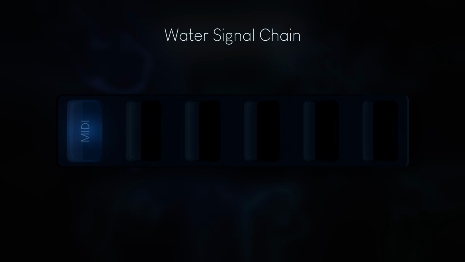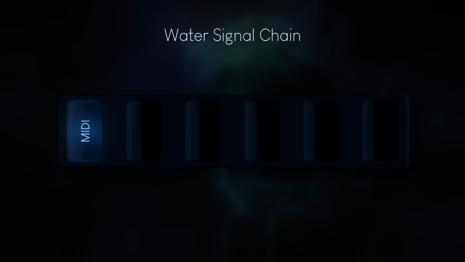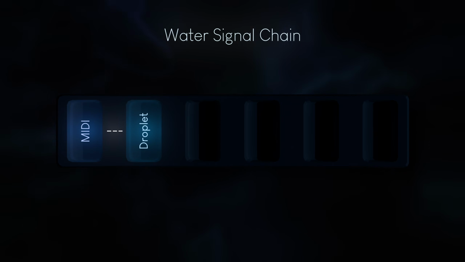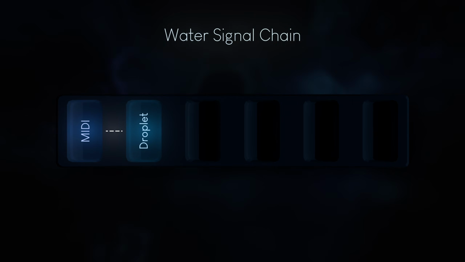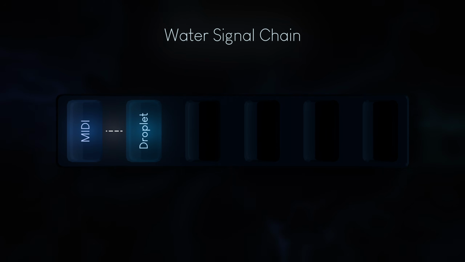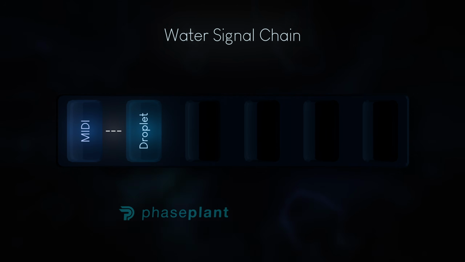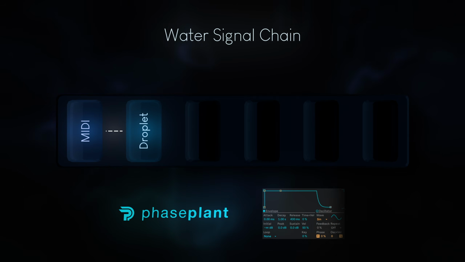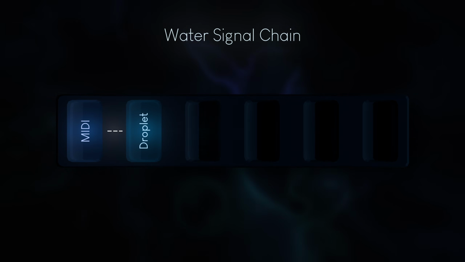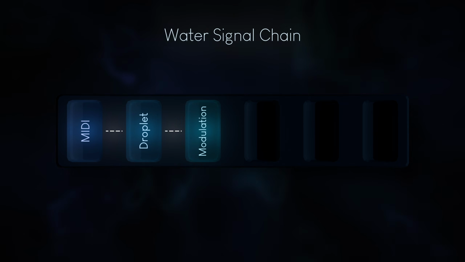First, I have the MIDI process as discussed earlier. Then, I have the synthesized droplet, which is unique for each chain. I try my best to mimic the droplet sounds of the frequency range I'm analyzing, and I primarily use Faceplant or Ableton's Operator. Following the droplet generation, I have a modulation group.